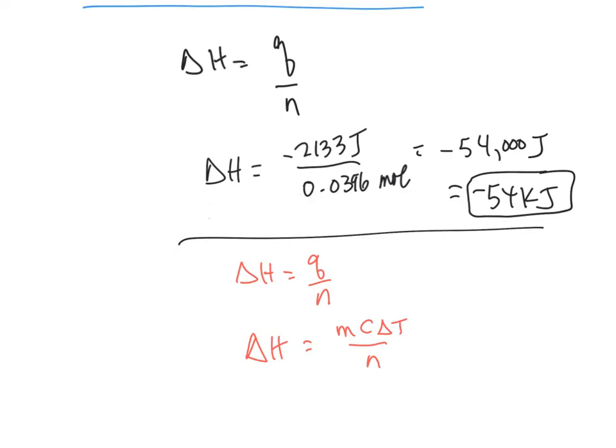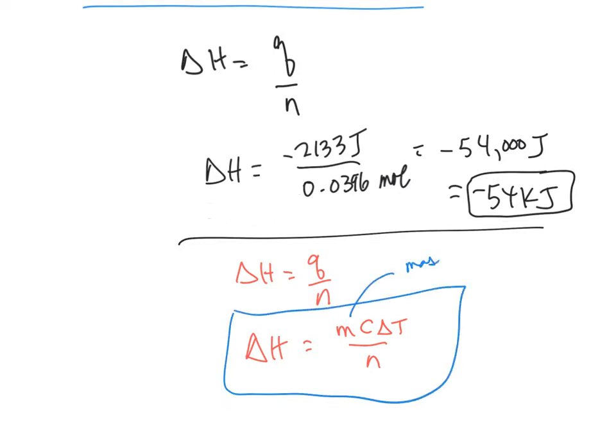So you have the mass of the solution, specific heat capacity of water, change in temperature that's measured, and this is the moles of the limiting reactant. So I don't know how else to tell you. It's very easy to get this stuff mixed up. Here's the equation.